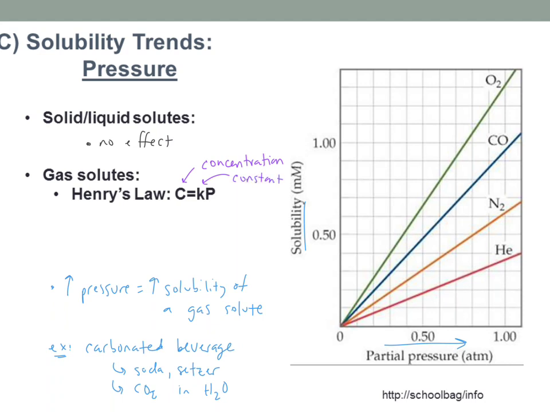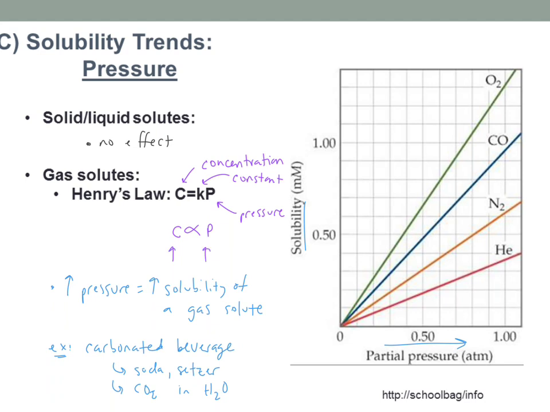That constant changes depending on the gas that you're talking about, and P is the pressure which is acting on that solution. And so basically it's just saying the same thing, which is that the concentration of that solute is directly proportional to the pressure that's on that solution. So you have a higher concentration at higher pressures is all that it's saying.